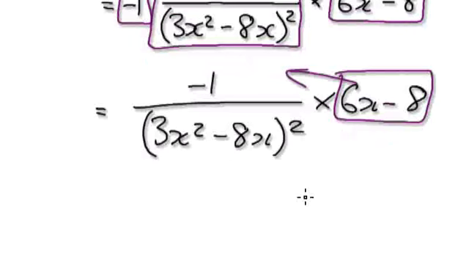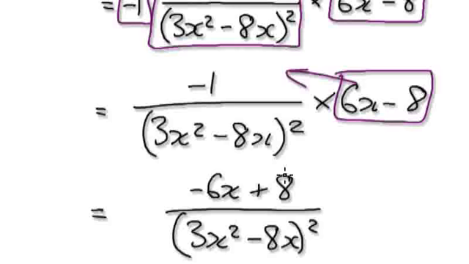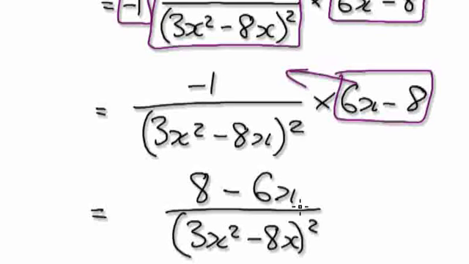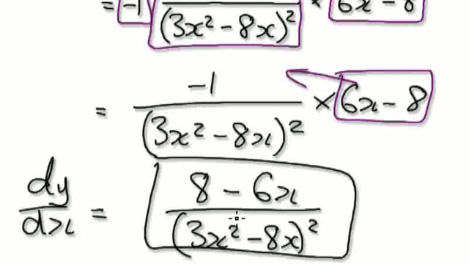So this will then become minus 6x plus 8 over (3x squared minus 8x) squared. And then just to tidy up, we're going to switch the positive 8 over here, and then we have minus 6x. So it really becomes this. Okay, so dy by dx equals this.